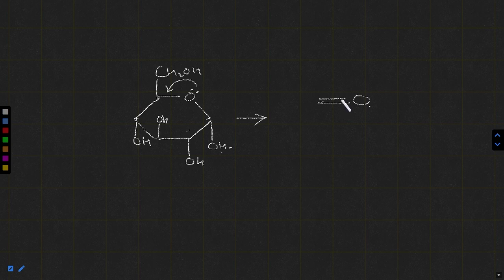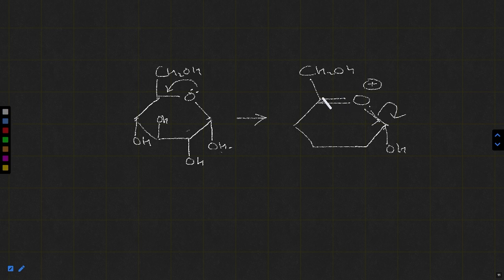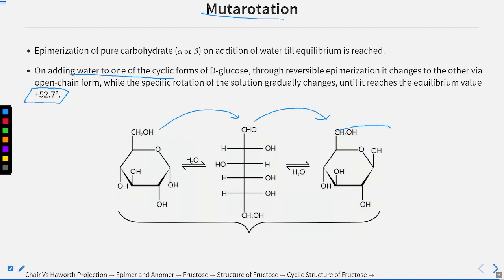You will have a positive charge on this carbon. Now this will come here and create a negative charge, and this H will be taken from here. So we finally move to this structure.